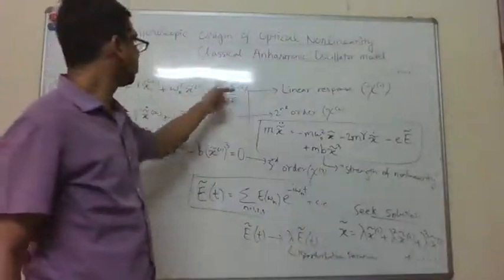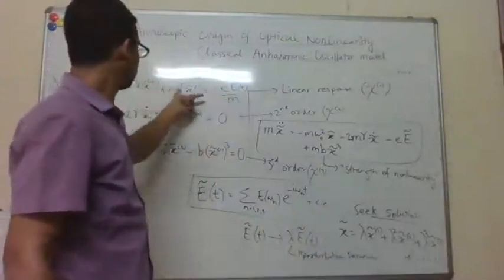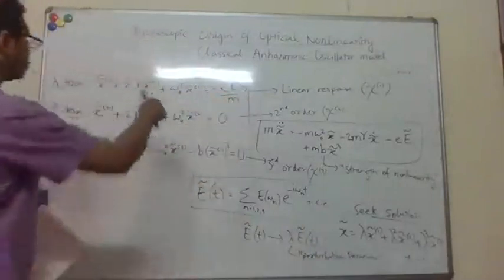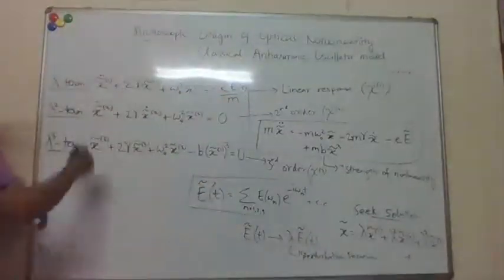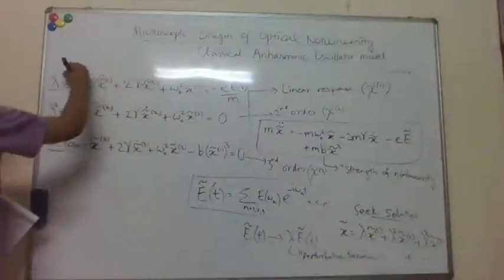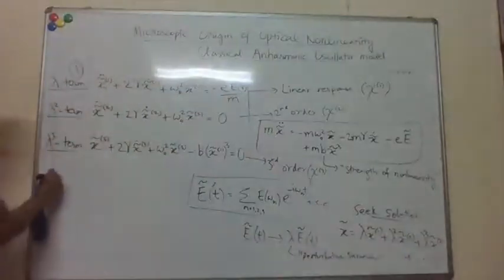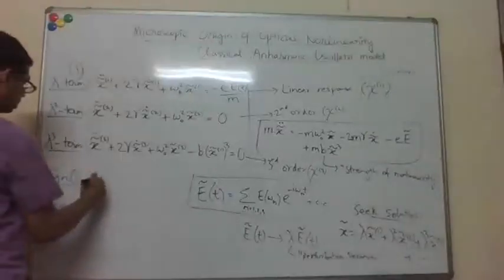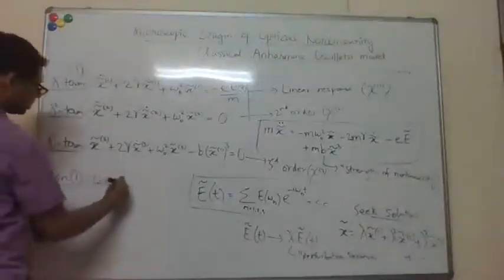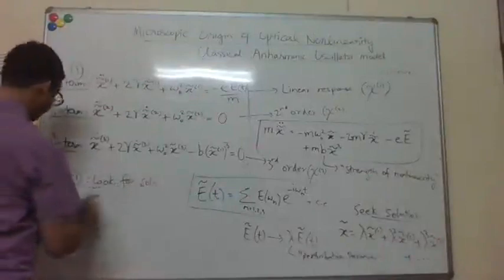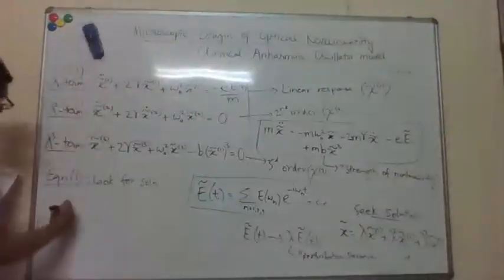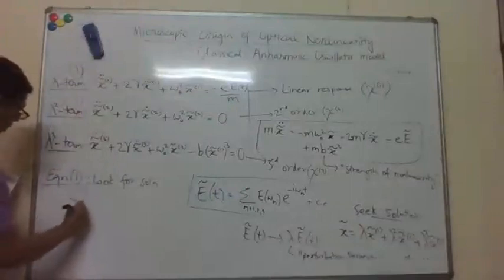We know that the solution for that looks like something which goes at the same frequency as my drive. So if I call this, I don't know, equation 1, for equation 1 you can look for a solution. So x1 is the solution for equation 1.